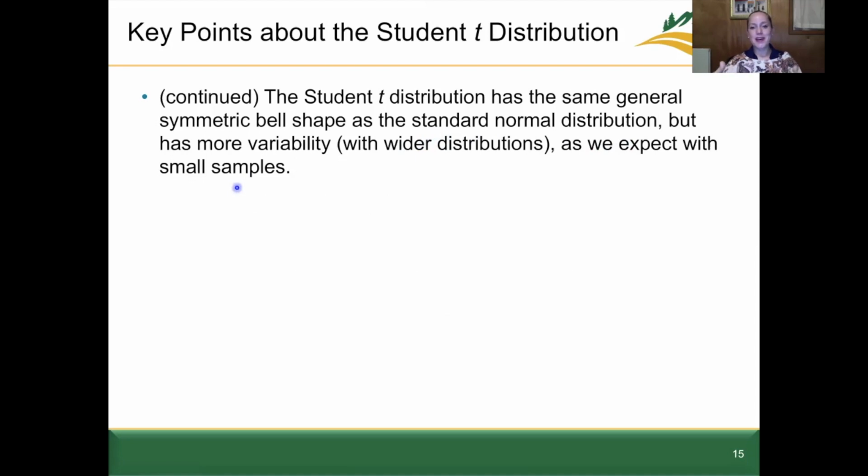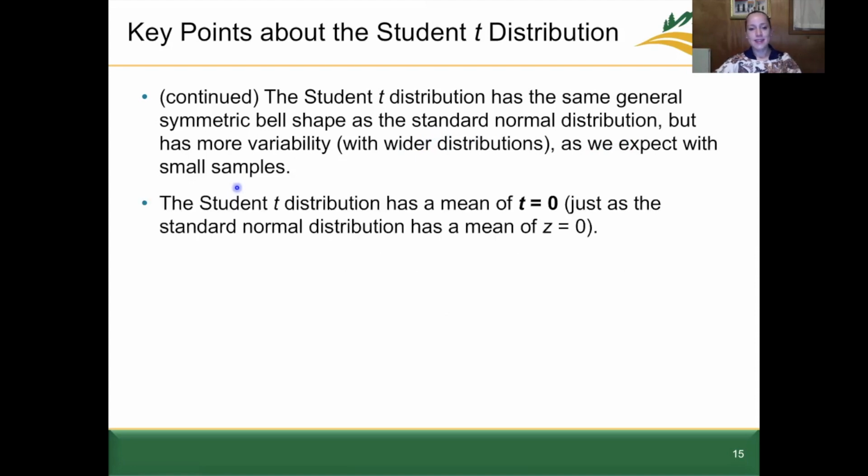Now, one commonality between the student t-distributions and a standard normal distribution is that student t-distributions have a mean of t equal to 0, just as we saw for standard normal distributions that have a mean of z equal to 0. So student t-distributions, a t equal to 0, standard normal distributions, a z equal to 0.